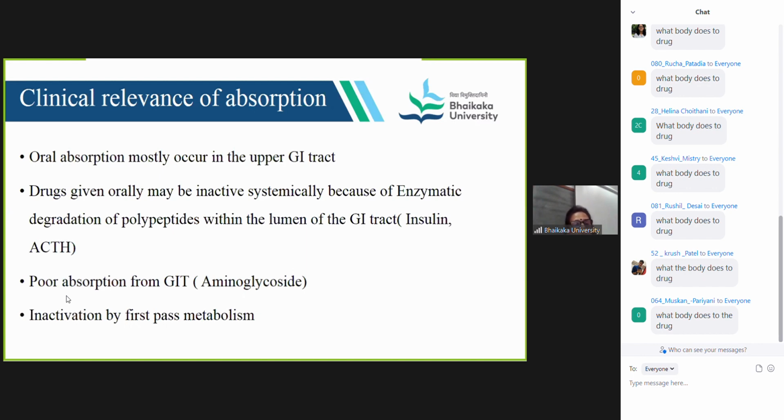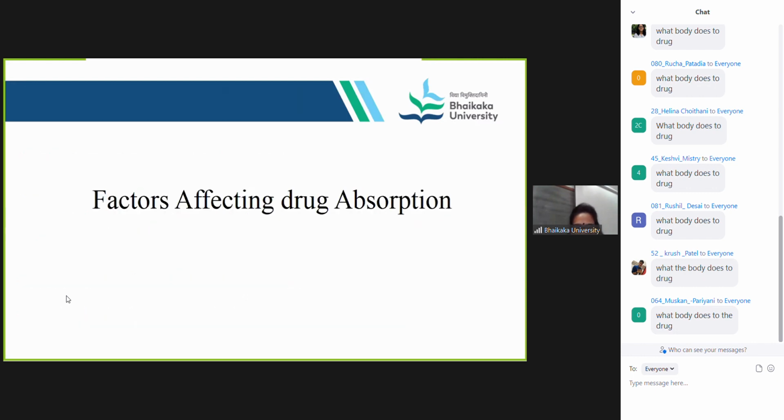Sometimes a drug may be inactivated by first pass metabolism. So either you have to change the route or give a higher dose. This is about the relevance of absorption.